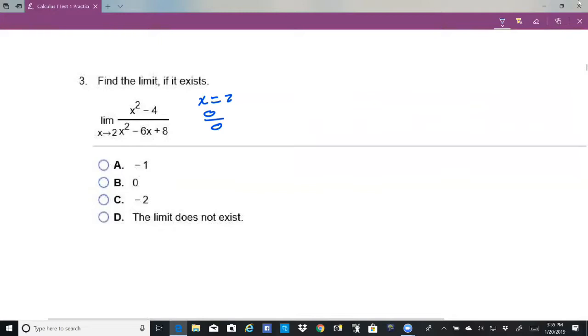In this case, we'll calculate the limit as x approaches 2, and we're going to look at the possibility of factoring the numerator and denominator and find a common factor that we can cancel out. So we get x plus 2 times x minus 2 divided by x minus 4 times x minus 2.